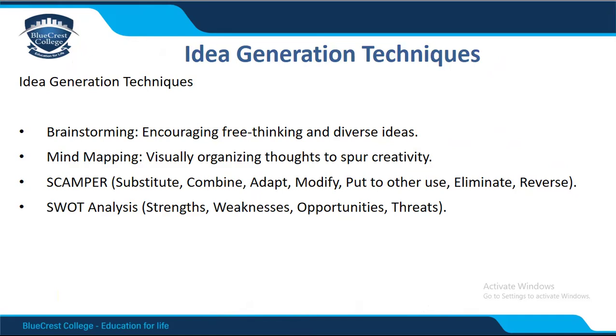Then there's also adapt, or you may want to modify a particular product, or put a product or a service to other use, or use it for something else. Or you may think about what will happen if you eliminate a product. Then it triggers you to come up with new ideas.